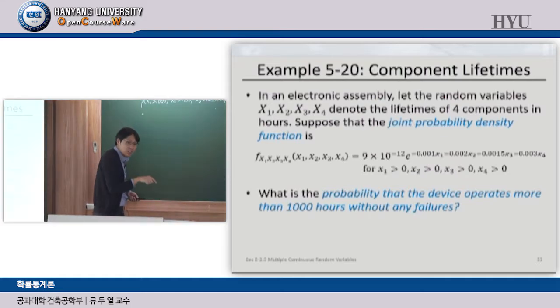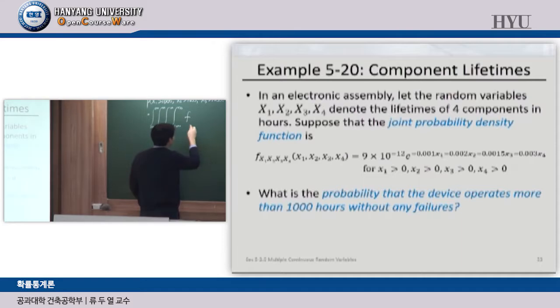And based on the previous slide, that is equal to the integration from 1,000 to infinity of the joint probability density function f(x1, x2, x3, x4) dx1, dx2, dx3, and dx4, right?